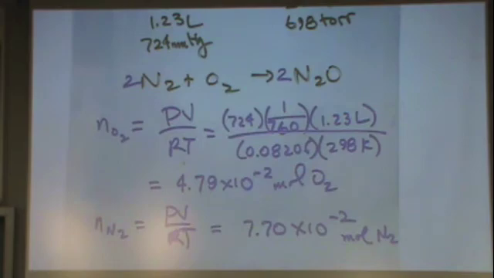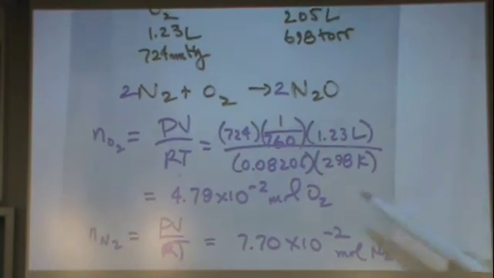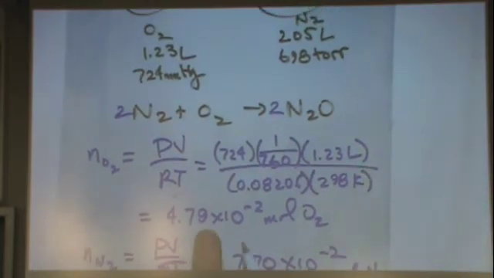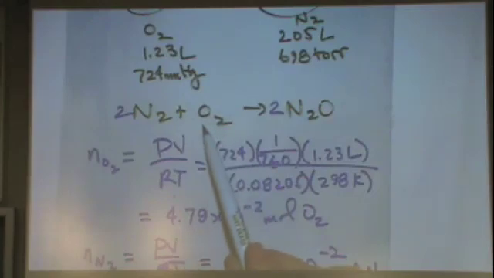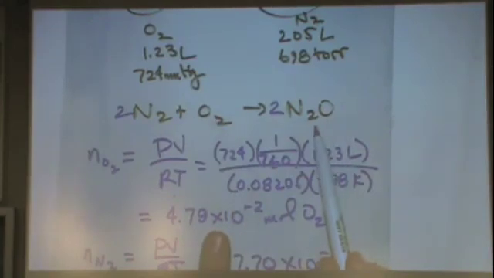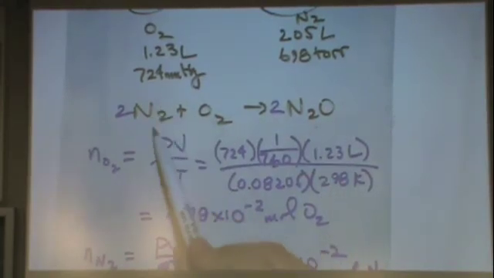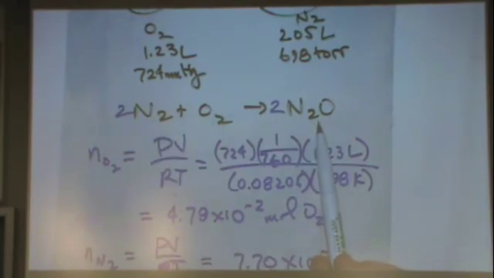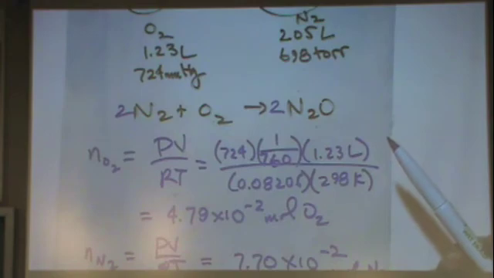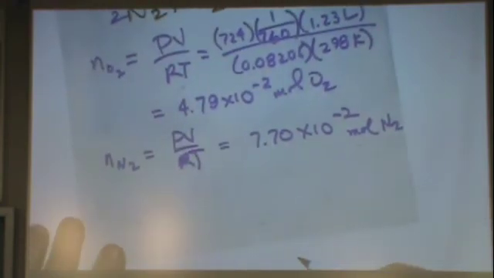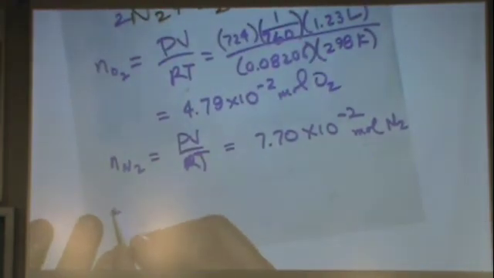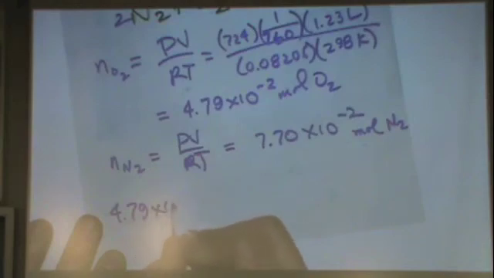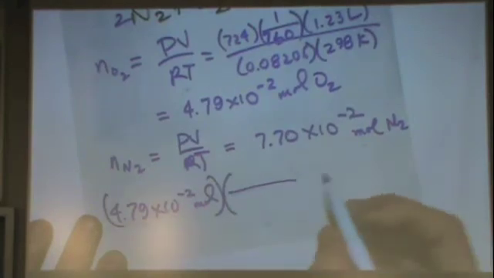Now, to do the limiting reagent, the way I do it is I start with, say, oxygen, find the moles of this one, and then use the nitrogen number to find the moles of N2O, and see which one gives the smaller answer. So I'll do it for one of them, and then you do it for the other one. 4.79 times 10 to the minus 2 moles of O2, and then use a molar ratio.